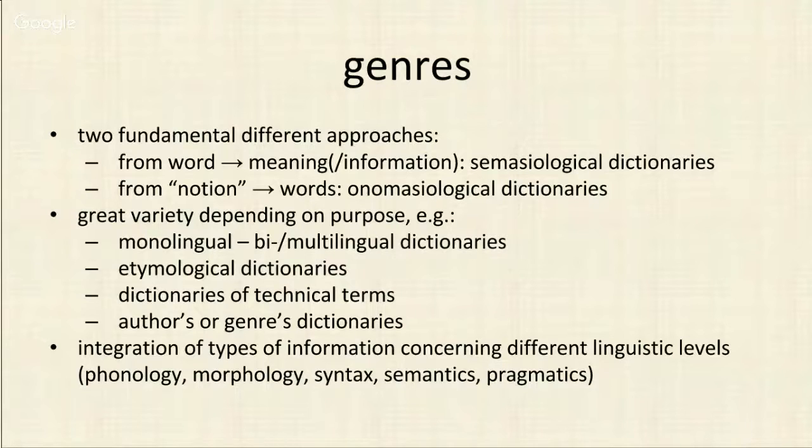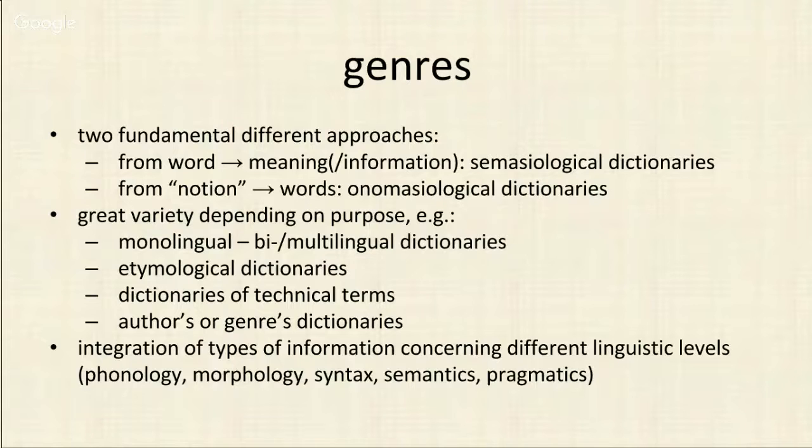We have dictionaries of technical terms, authors or genres dictionaries, and this catalog is only the very beginning of the huge list. And of course, we have genres that combine several features from different genres. That means we have hybrids that are created in the quite long history of the lexicographic genre.